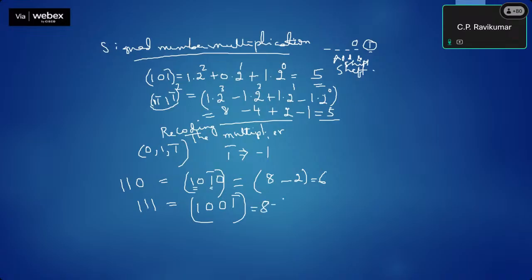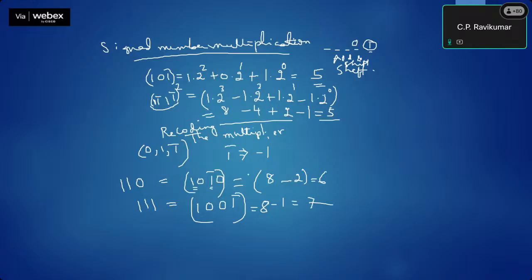This is 8 minus 7. So when you allow subtraction for the 1 bar, there is no unique way to represent it. There may be multiple representations for any value. But in this Booth's algorithm, this is a recommendation.